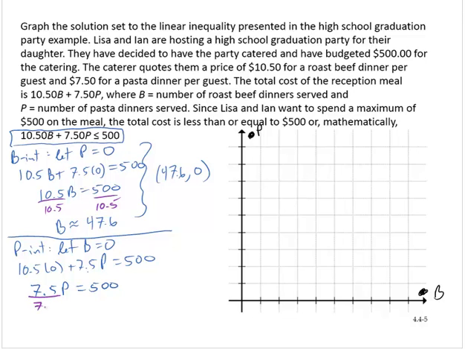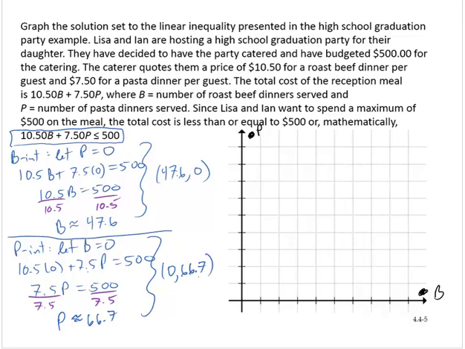Divide through by 7.5. 500 divided by 7.5 is about 66.7. And so then we would have the ordered pair 0, 66.7 approximately.